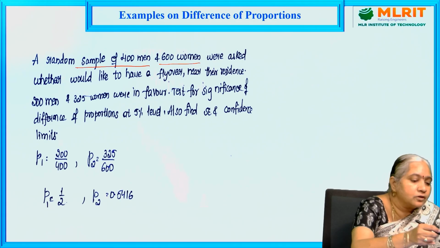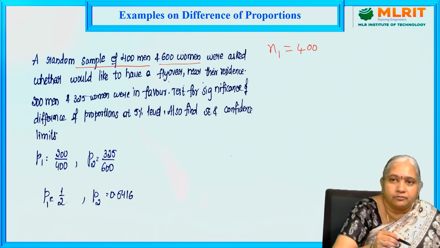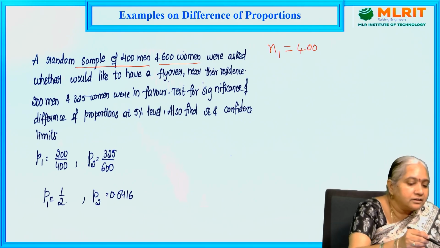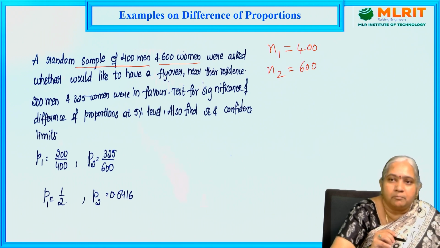The size of the first sample is n1 equal to 400, and the size of the second sample is n2 equal to 600. Both are greater than 30, so this is large sample data.